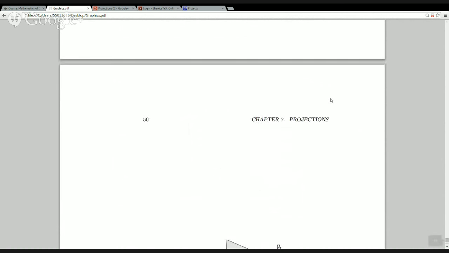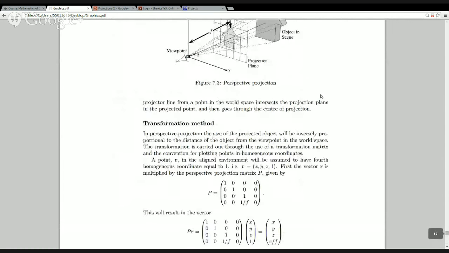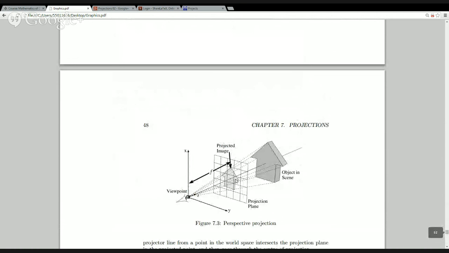Okay, when you're talking of a perspective projection, back up here, this one single point at the apex of the roof here on the projected plane, every single point along the projector line coming out from that, all those points get projected onto that point, okay? So it's not an invertible operation.